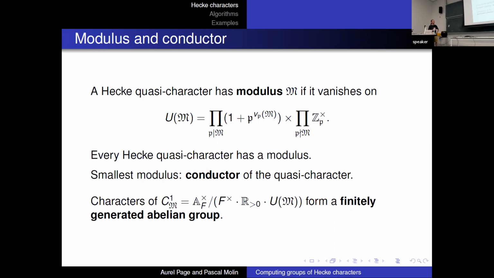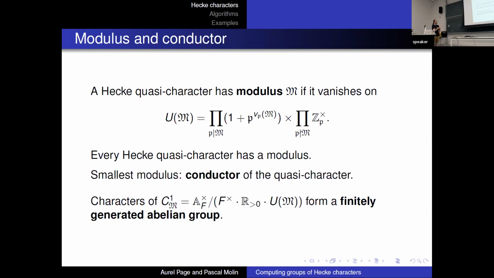And the point is that once we take this quotient, the characters of that form a finitely generated abelian group. So we're going to be able to put that in a computer, like we're going to be able to compute a basis. And that's what our algorithms will do. Okay, so I'm giving that a name, that's the idèle class groups that we'll actually consider.